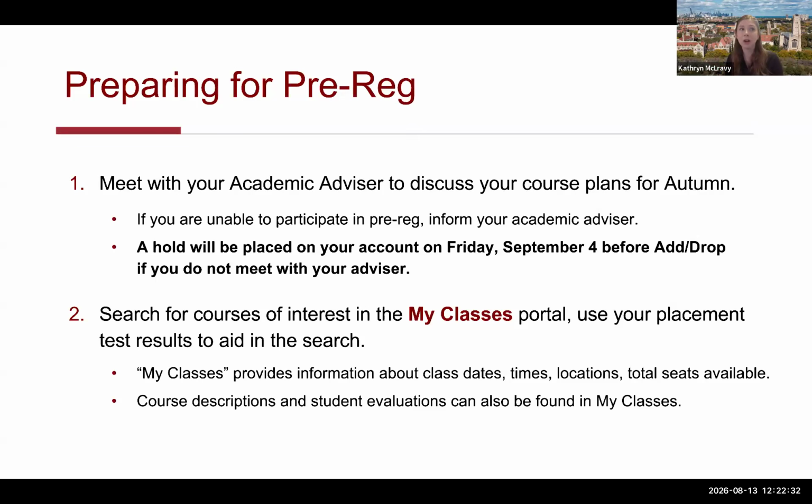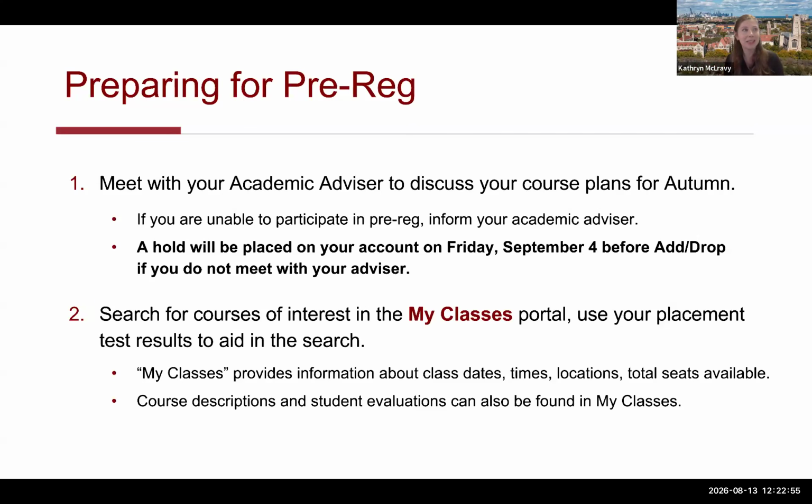Okay, and to register for autumn, you will need to identify some courses of interest. The search starts in the My Classes portal in My U Chicago, which we'll go over too. You will find your placement result on the homepage of My U Chicago. And then if you click on My Classes, that's where you can navigate to the search feature to find some classes.